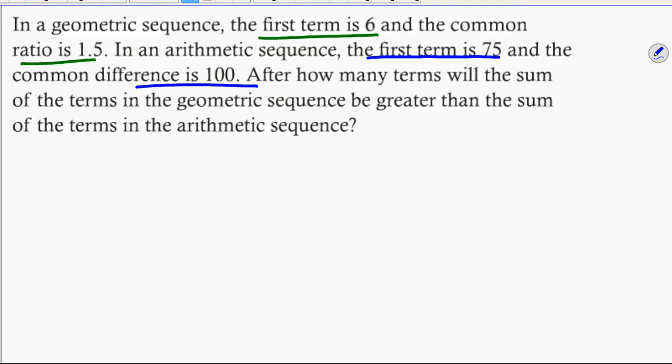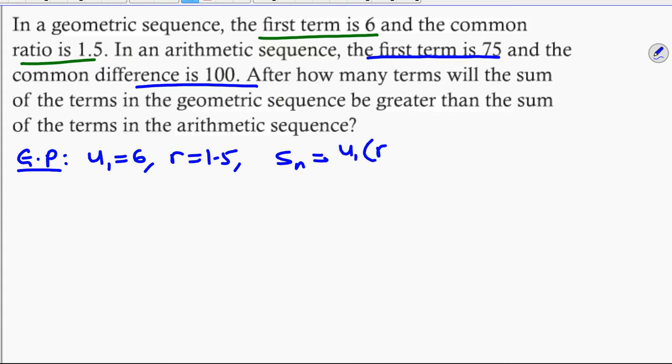So let's start with the geometric sequence.